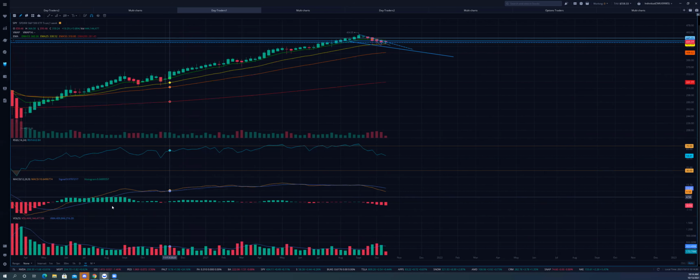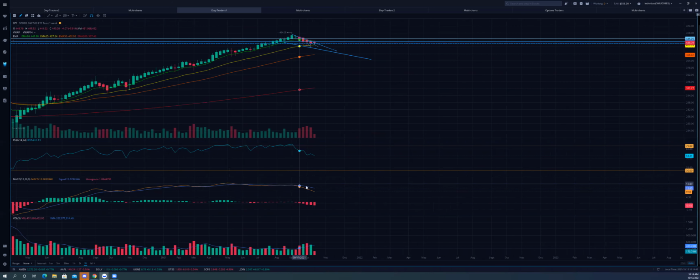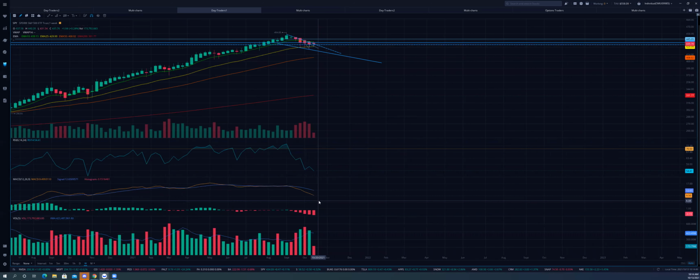Now, when you have 1, 2, 3, a 3-bar on the histogram, you can go ahead and take an entry in any stock. It doesn't have to be for options alone. Just like you see 1, 2, 3, you can take a put based off the histogram.